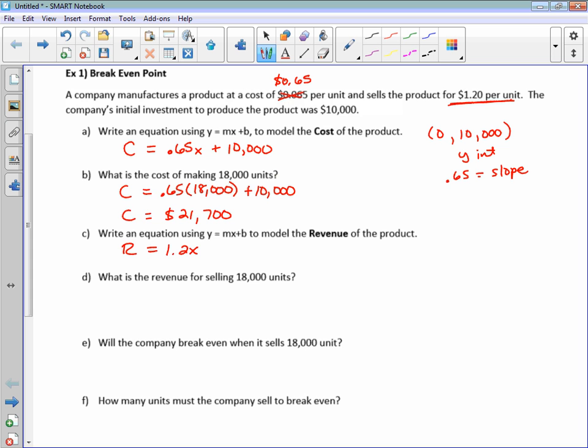Do we have any sort of initial revenue? No, you don't make revenue until you sell them. So there's nothing else there. So that's your entire equation: revenue equals 1.2x. So what is our revenue for selling 18,000? Yeah, $21,600.